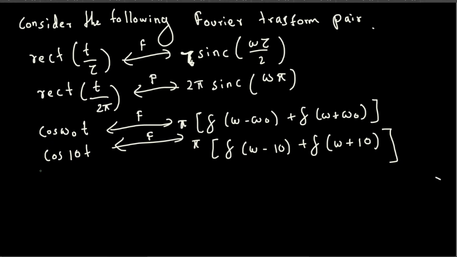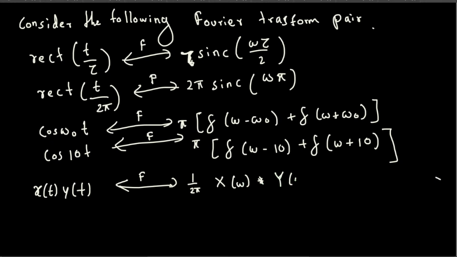And also we have to know that when we multiply two functions of t, for example, if I have a function x of t and a function y of t, the Fourier transform of that one has automatically a 1 over 2 pi factor, and then we will have X of omega convolved with Y of omega.